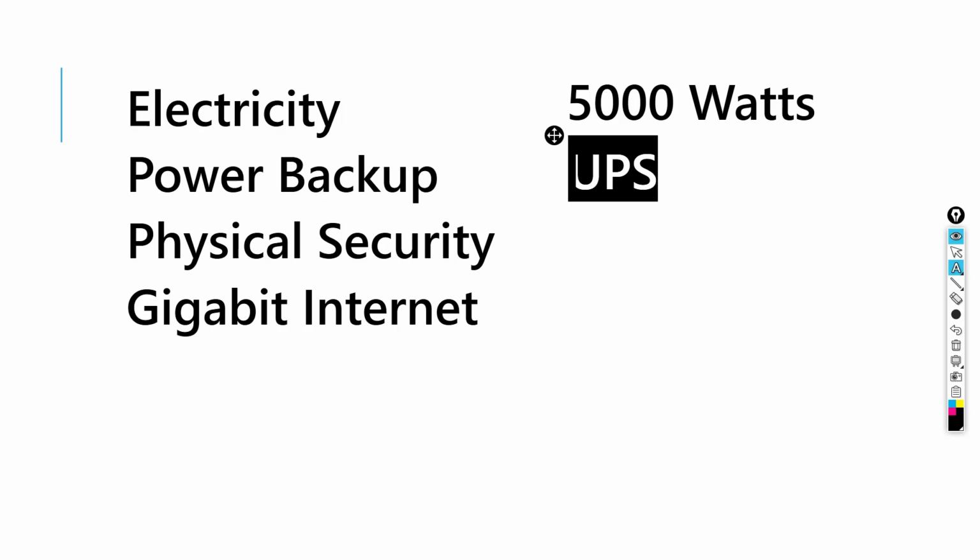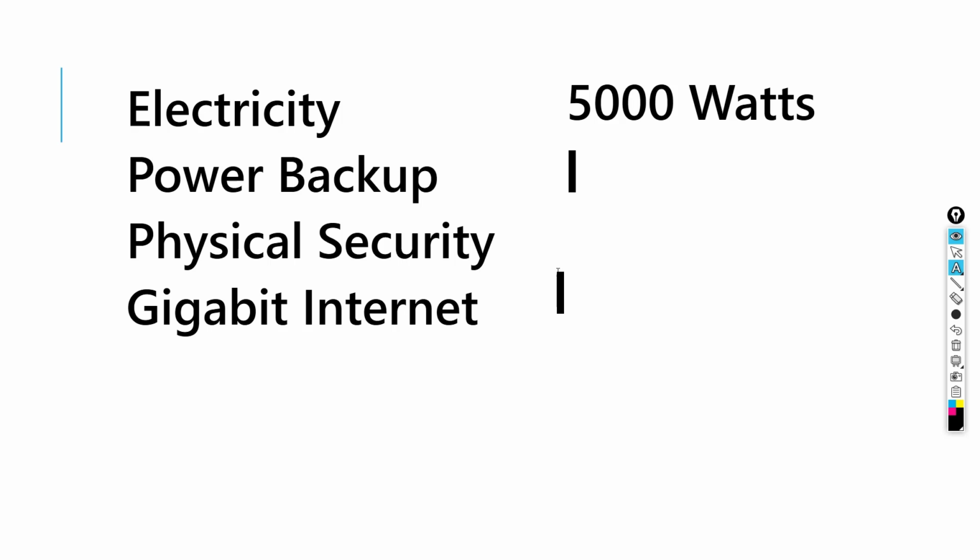Next thing, physical security. You need to pay for physical security as well. Suppose someone comes up and damages your servers, then again it is something that you don't want. You don't want any kind of physical access to your servers. So here you would be paying for that.